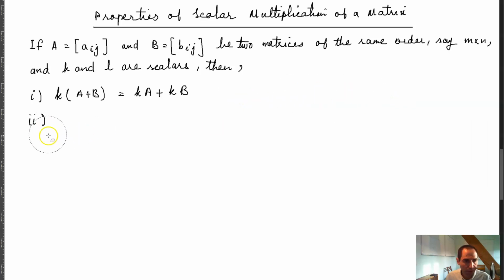So number 2 is basically (k plus l) times A is equal to k times A plus l times A.